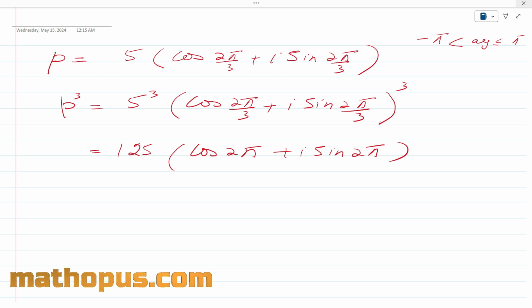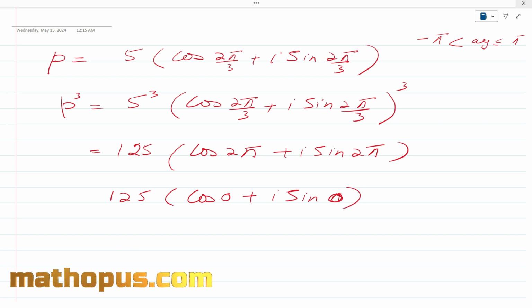In this case, it is greater than pi, so we will subtract 2 pi from it. So the argument would be 0. So it will be cos of 0 plus iota sine of 0 as well.